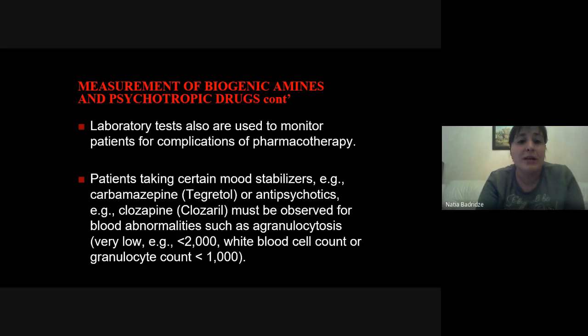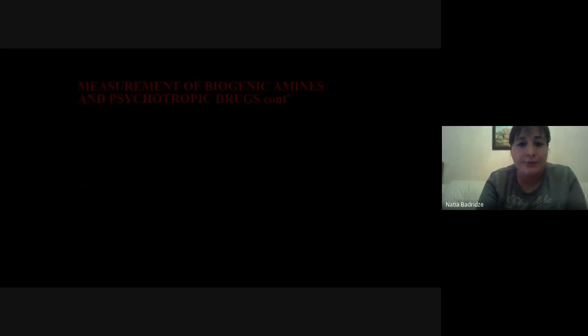So these mood stabilizers like carbamazepine, or antipsychotics that we use in schizophrenia or different psychotic disorders, might have side effects like blood abnormalities or agranulocytosis. So we need to do a blood test to determine the side effects of a drug. If we have this agranulocytosis, we need to change the treatment. So that's why it is important to understand why we are doing the lab tests during the treatment of psychiatric disorders.